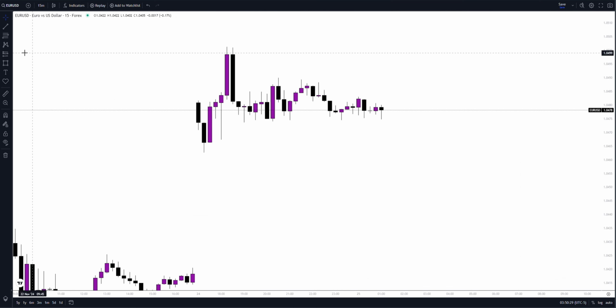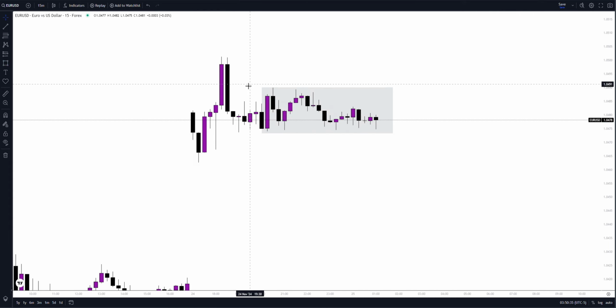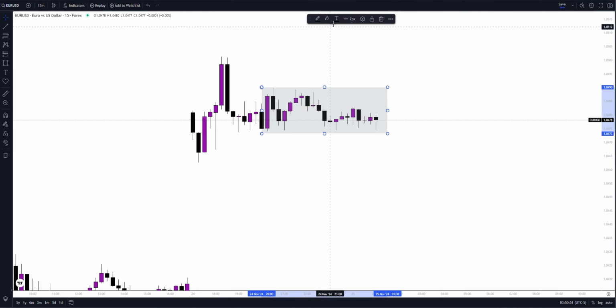Now we have another example. We have this consolidation phase. We want to see price trade either above the highs or below the lows. If we are trading below it, then we would be looking for price higher. If we are trading above it, then we would be looking for price to go below, because that would be the manipulation.